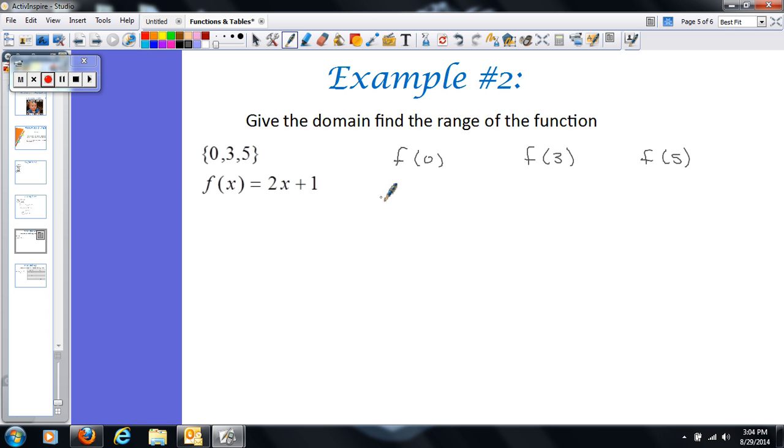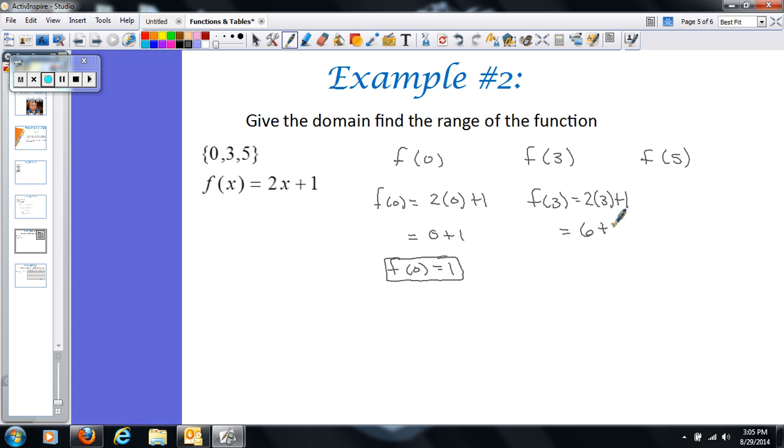For f of 0, I'm going to say that f of 0 equals 2 times 0 plus 1. Simplifying, 2 times 0 is 0, plus 1, giving me that f of 0 is 1. f of 3 equals 2 times 3 plus 1.